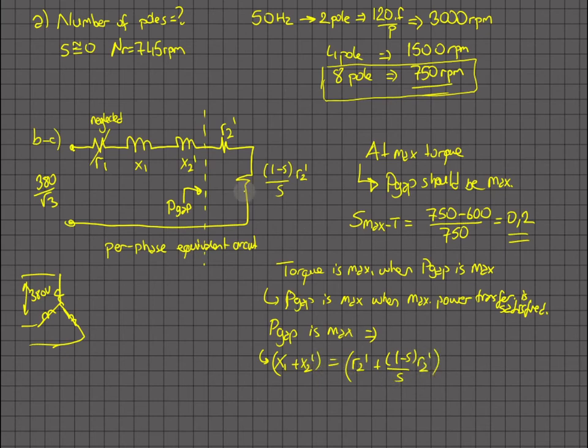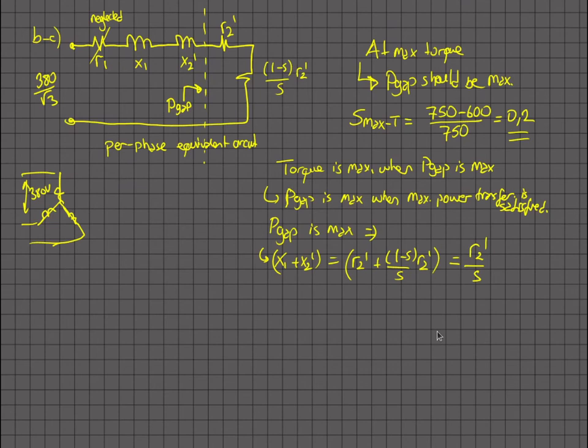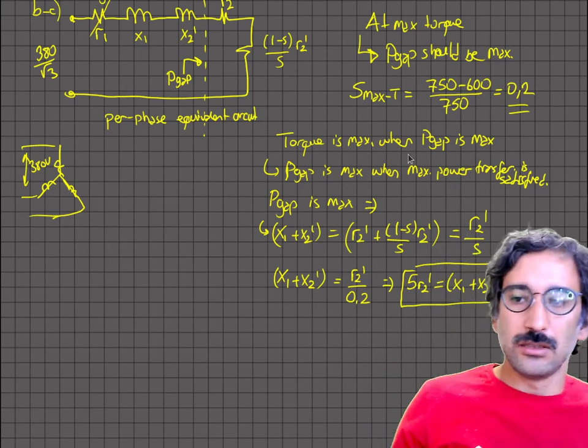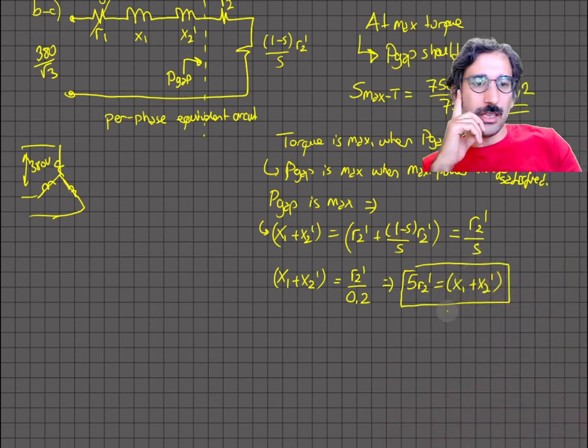So actually you can remember that one, the combination of these two is equal to R2 prime over S. So from that information, I can write X1 plus X2 prime is equal to R2 prime over 0.2, or alternatively I can write 5R2 prime is equal to X1 plus X2 prime. So that is the first thing that I can use.